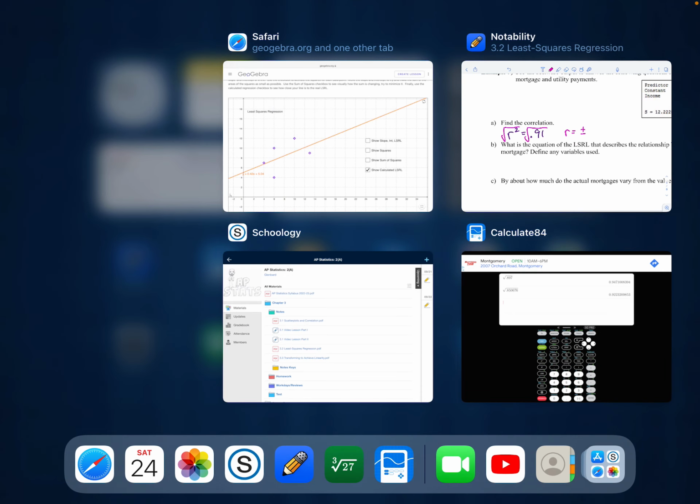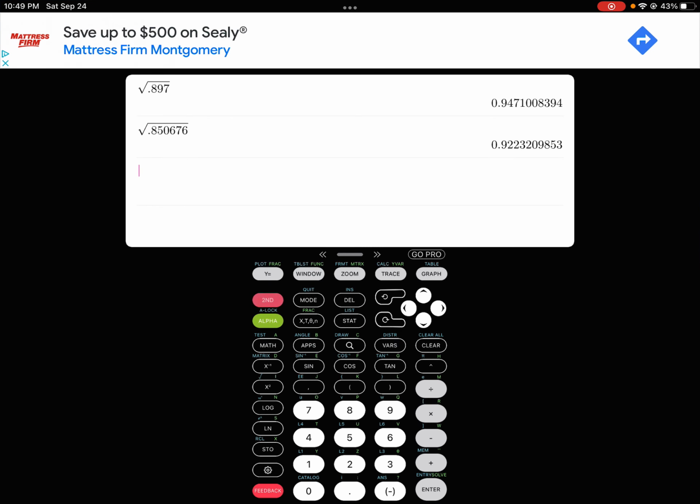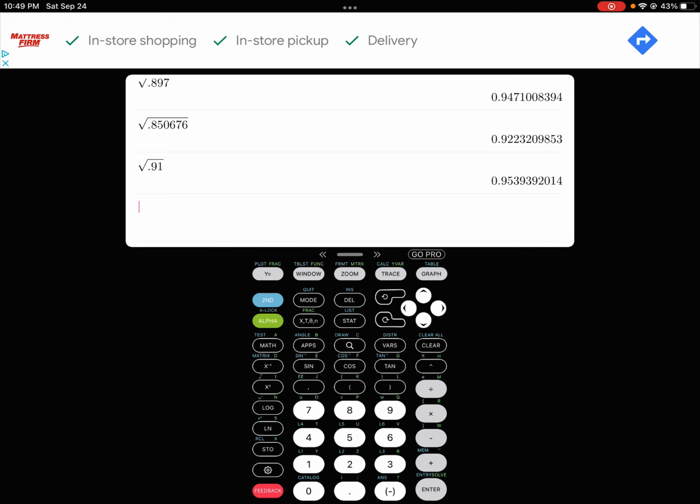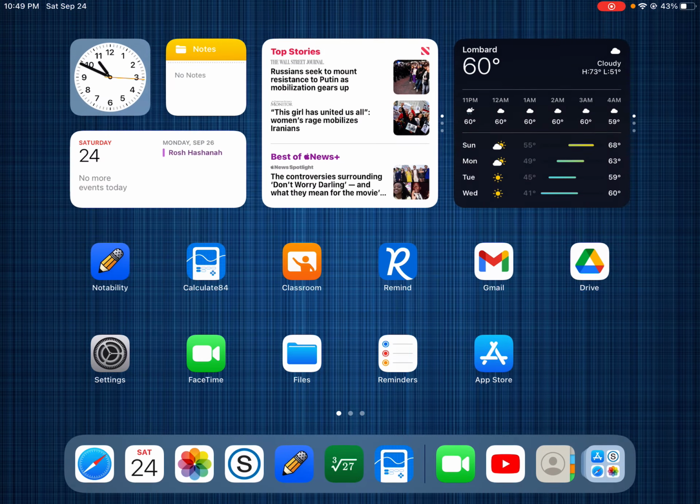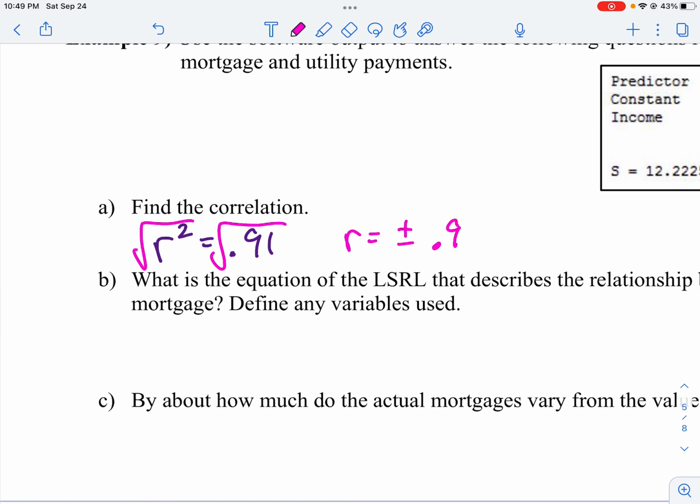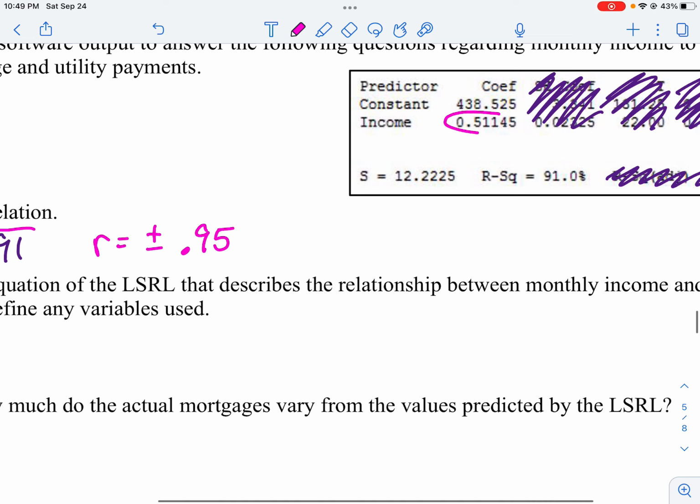R is going to be plus or minus the square root of 0.91, so that's going to be 0.95. And in order to determine whether it is positive or negative, I look up here for the slope. I see that it is a positive slope. Therefore, my correlation is 0.95.